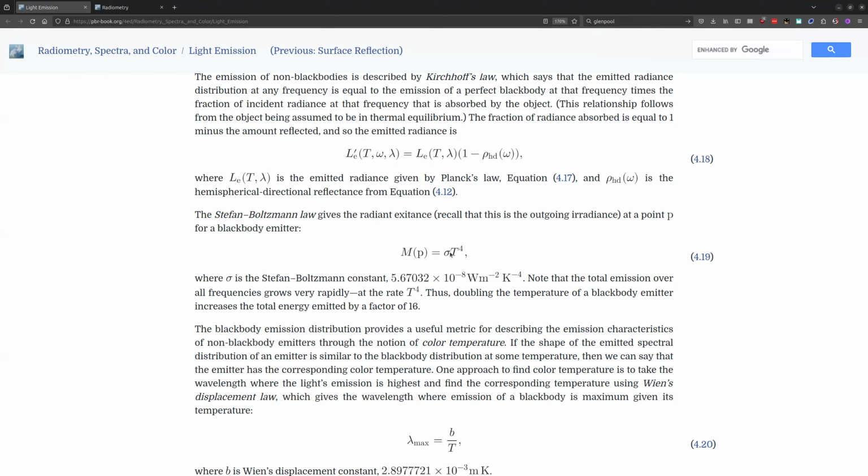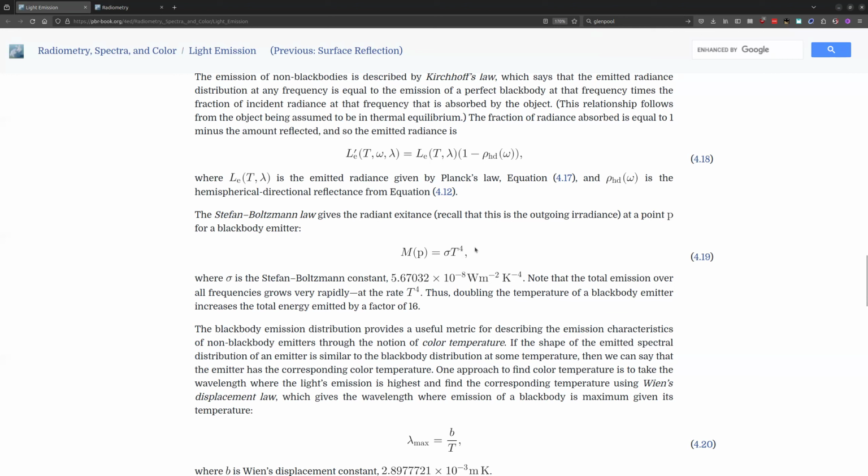The 2,000-degree surface is putting out 2,000 to the fourth power versus 1,000 to the fourth power, which is a much bigger number. 2,000 times 2,000 times 2,000, that's 16 times 10 to the 12th.